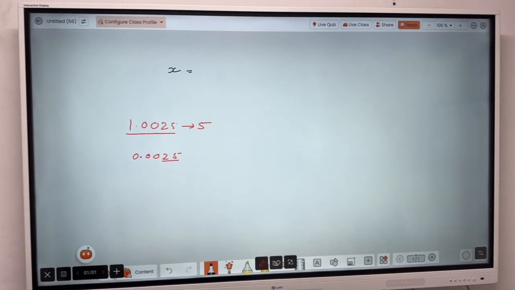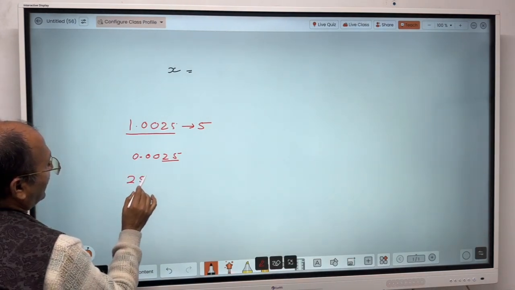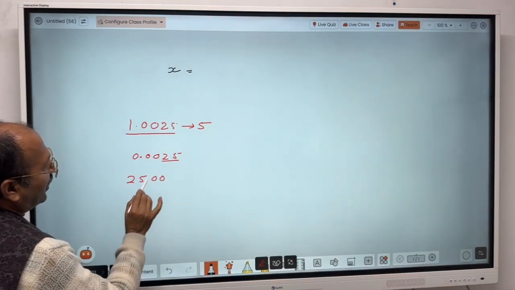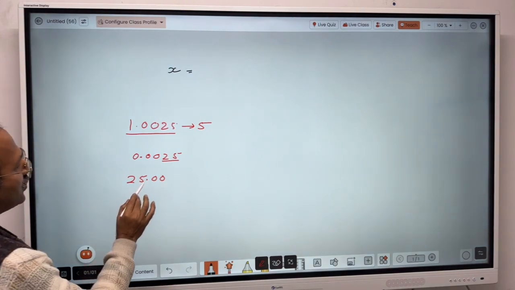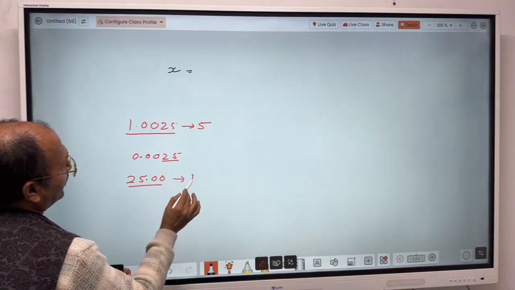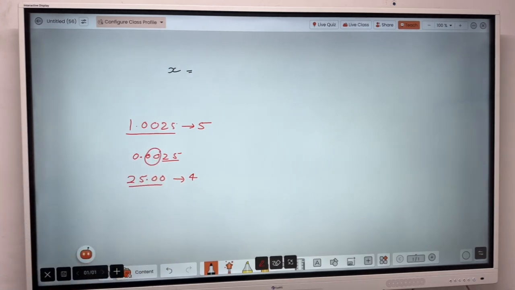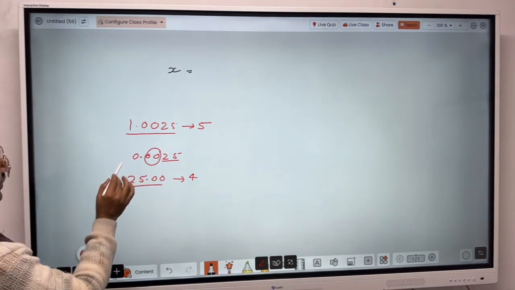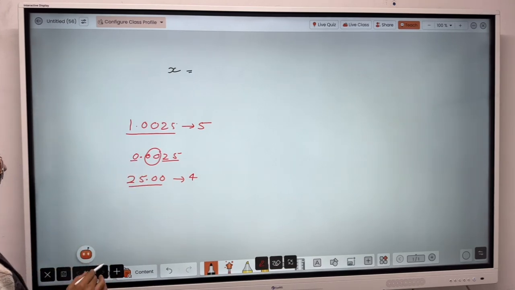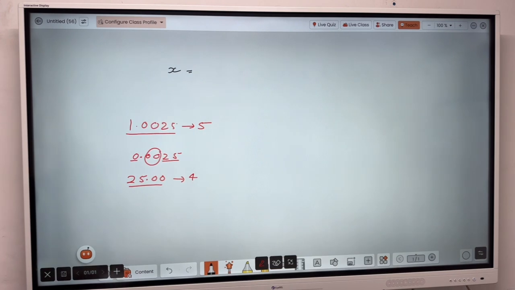So only 2 digits are significant. But if we write 25.00, so after the decimal, all zeros are significant. So here 4 digits are significant. But keep in mind, here these 2 zeros are insignificant since there is no number. But here these zeros are significant.